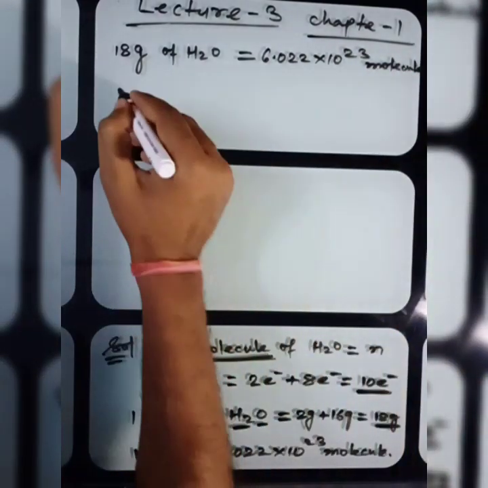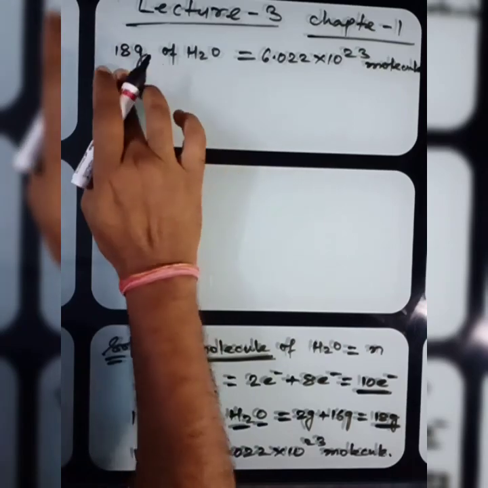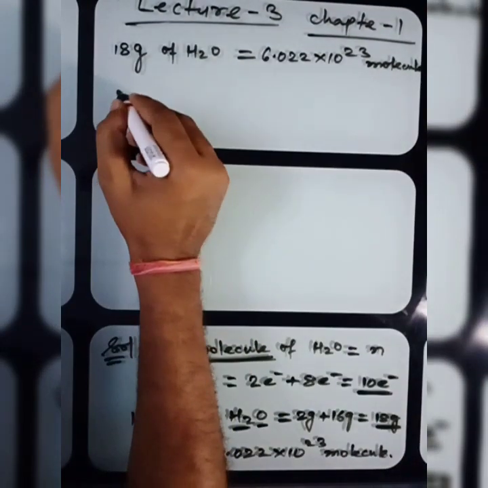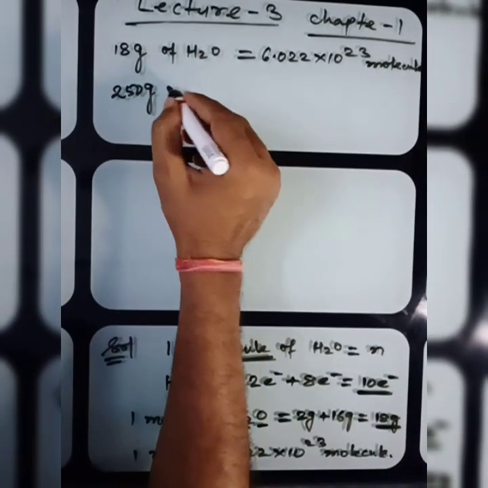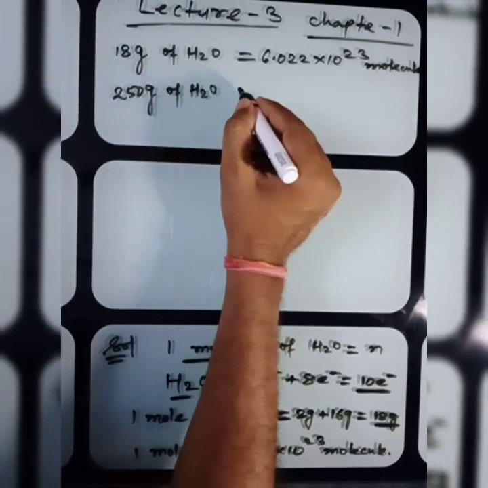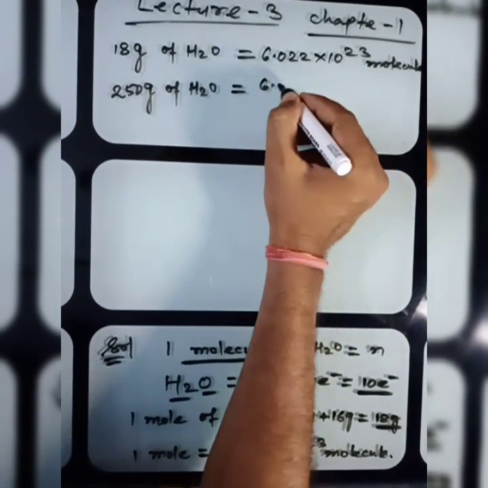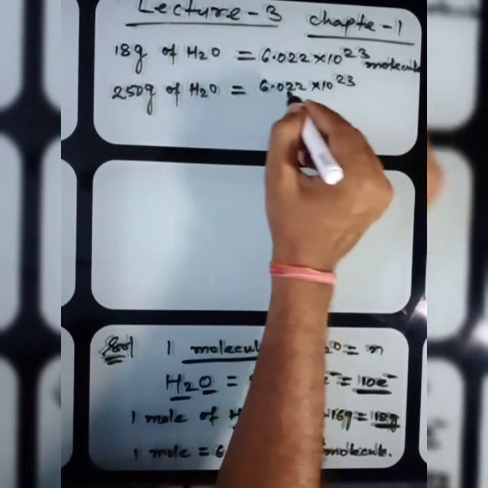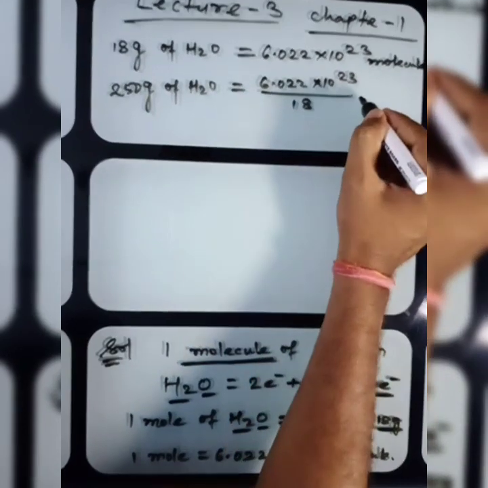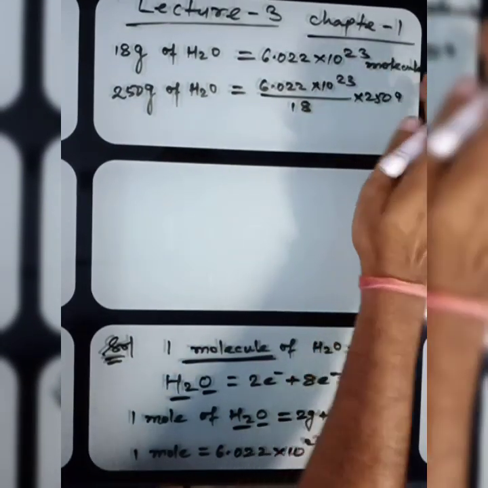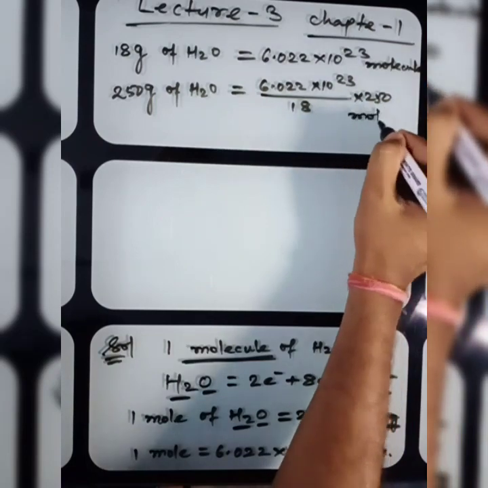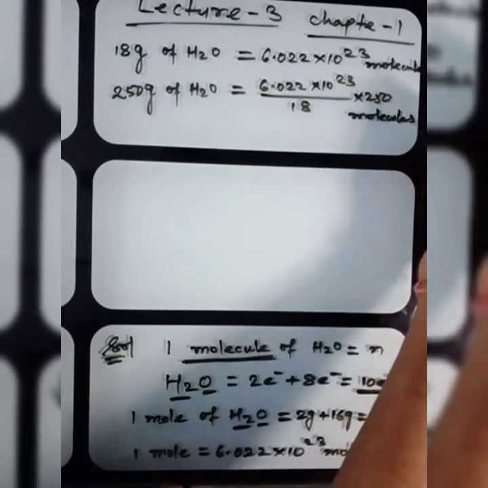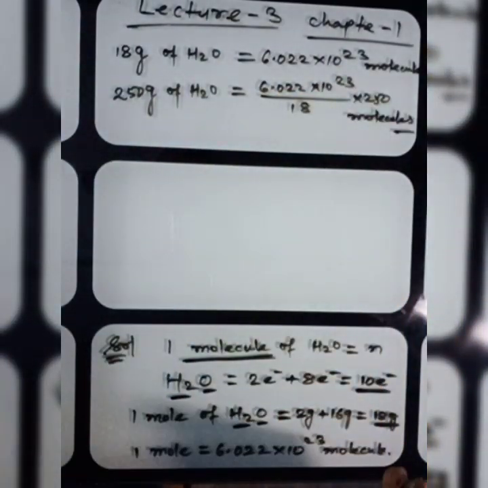Directly we can write, to not expand this video, 250 gram of H2O will be equivalent to 6.022 times 10 to the power 23 over 18 times 250 molecules. Okay, so this much number of molecules.